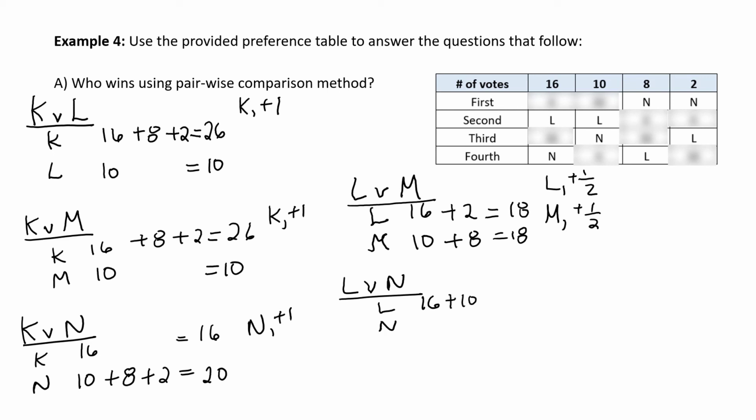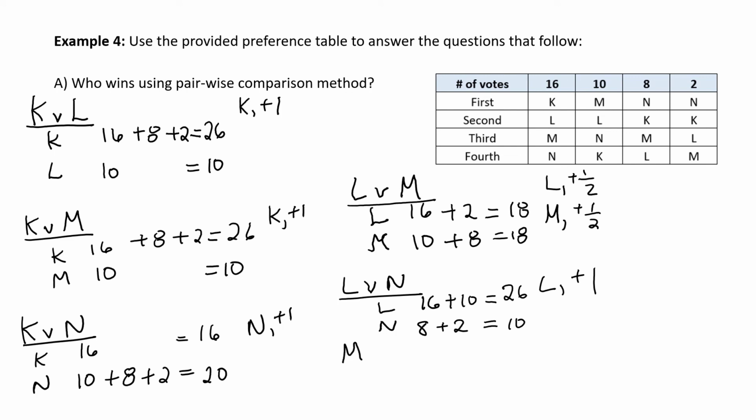On the third one, N is in first place, so N gets all of the 8. And on the last ballot, N is in first place, so N gets the 2. And so that result is 26 to 10. Between L and N in a head-to-head competition, L wins, so the point goes to L. And we've got one more.